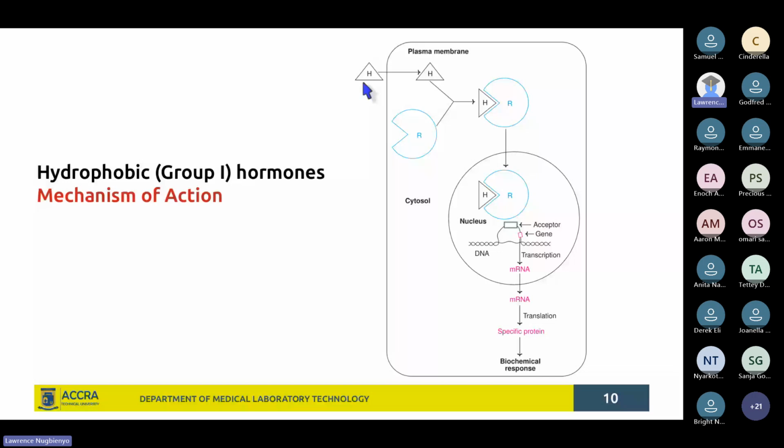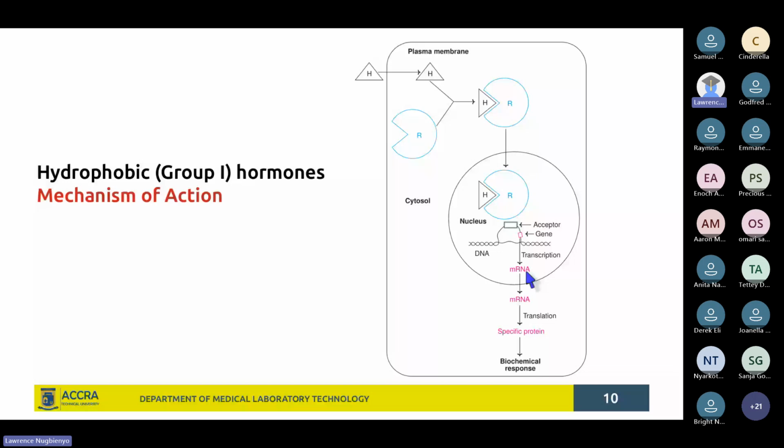So regulation of transcription, and you see that is the hormone that is able to penetrate through the cell membrane, and the receptor is inside the cytosol. The hormone binds to the receptor to have the hormone receptor complex, which then can pass through the nuclear pore and bind to a promoter region of a gene, activating that gene, and then that gene gets transcribed into a messenger RNA.